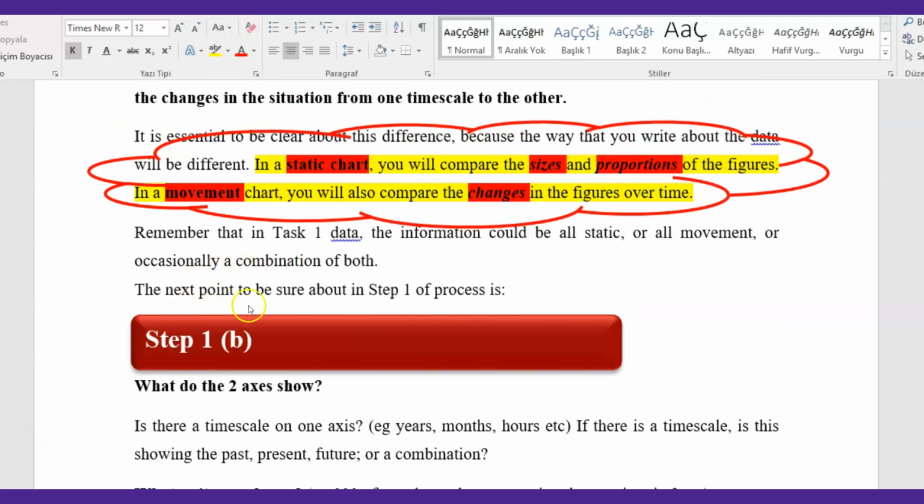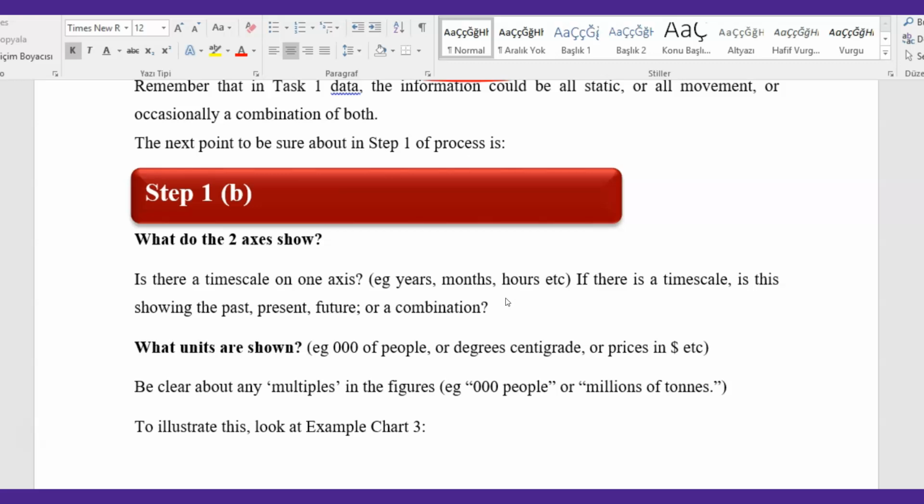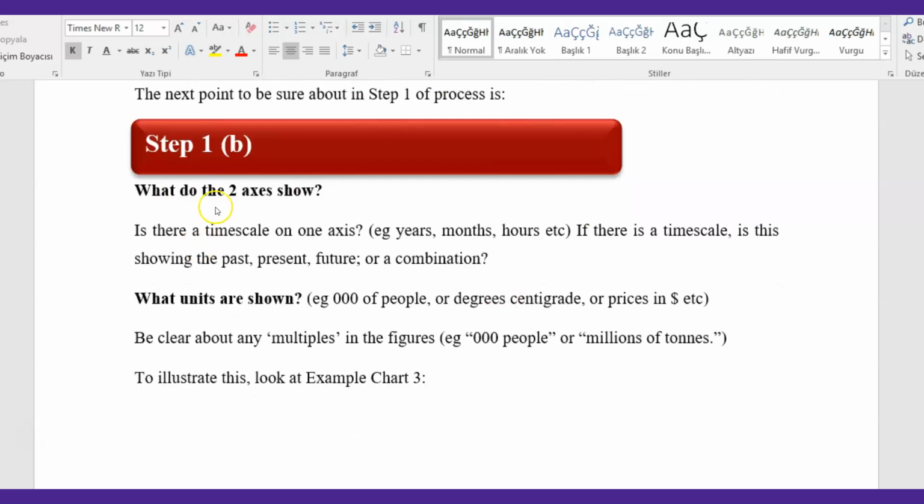The next point to be sure about in step 1 of the process is, okay, what are we going to do? Step 1b is what do the two axes show? Is there a time scale on one axis, for example, years, months, hours, etc.? Is there a time scale?